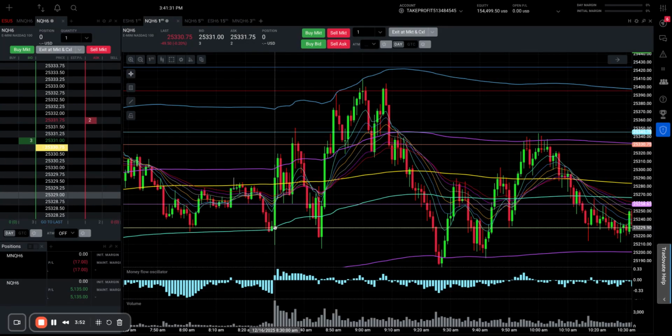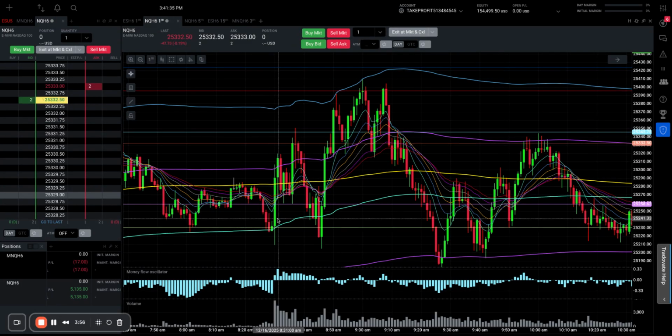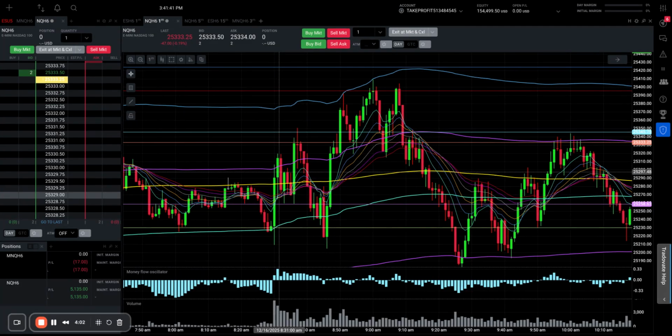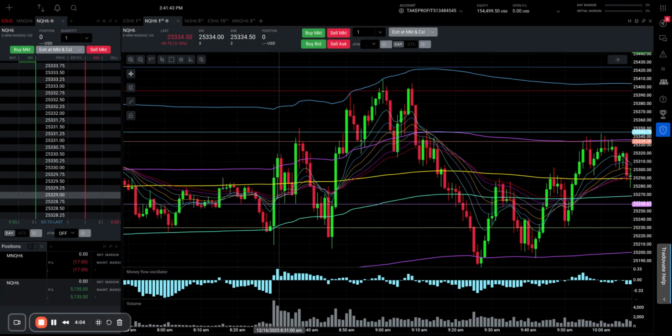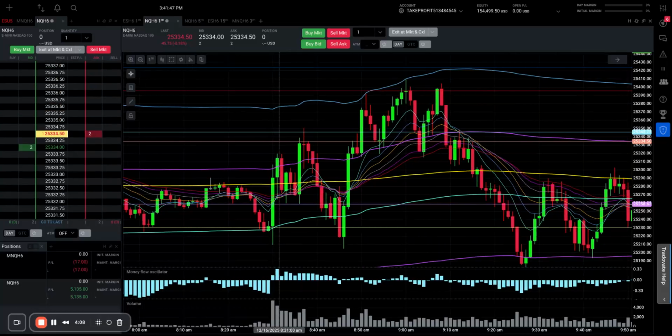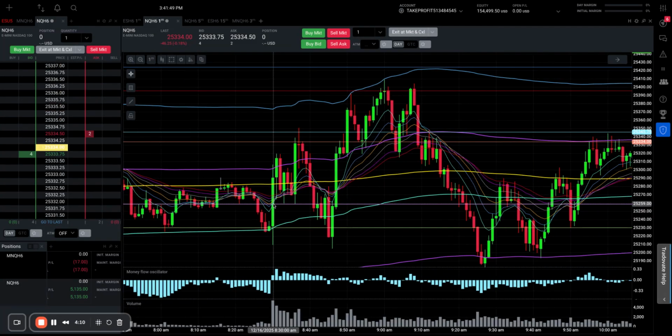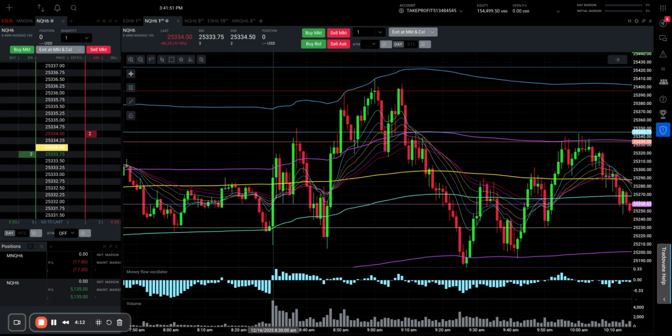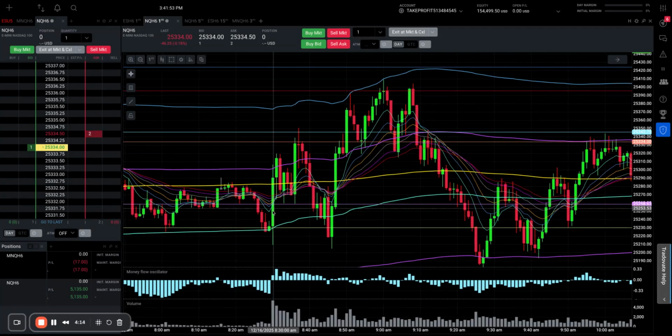If you know what you're doing, you could have rode it once it got back up above, really quick. Because when market opens, you really don't want to hold those trades but a minute or two. You really don't want to hold trades too long when market opens. You want to be in and out. Now, fast forward, it came back and touched 12 minutes later.